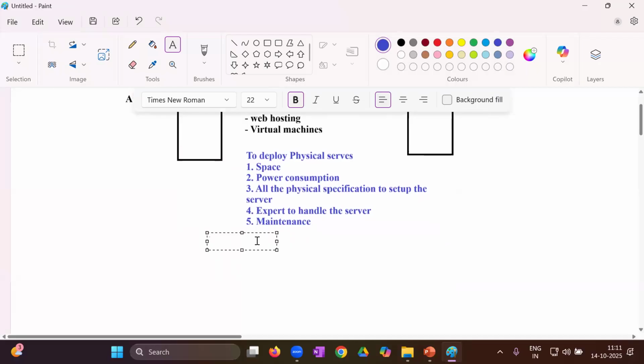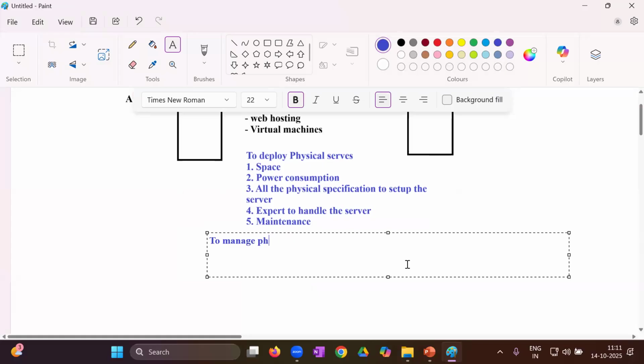To manage a physical server individually by a specific organization requires all different aspects that we have written above.